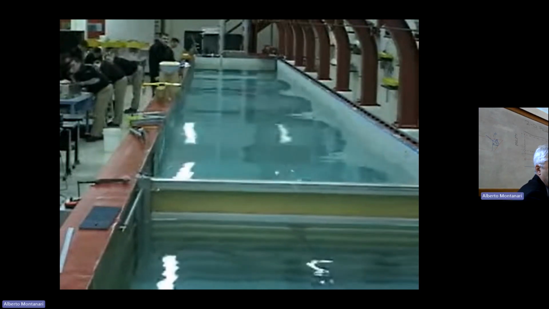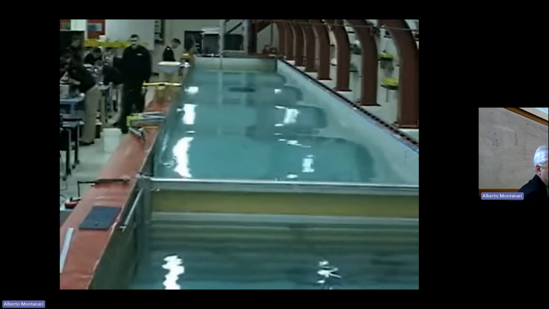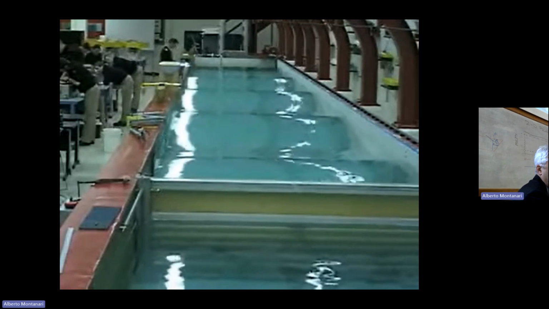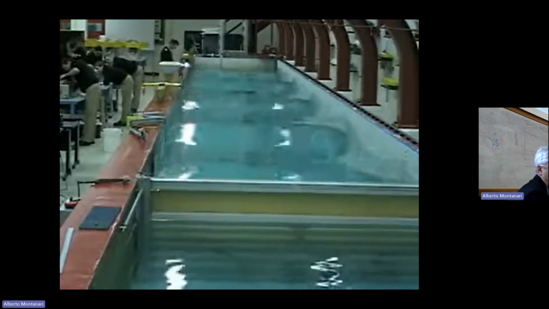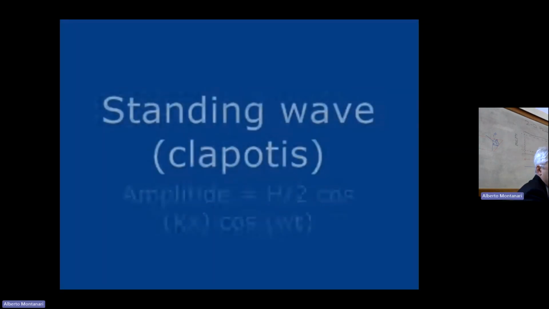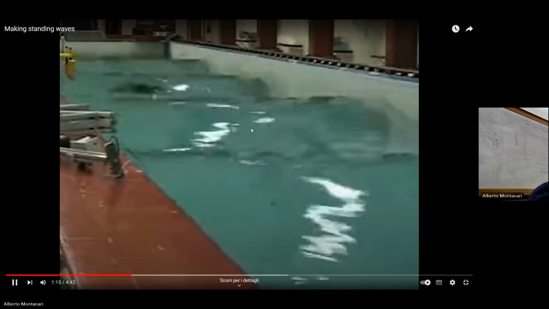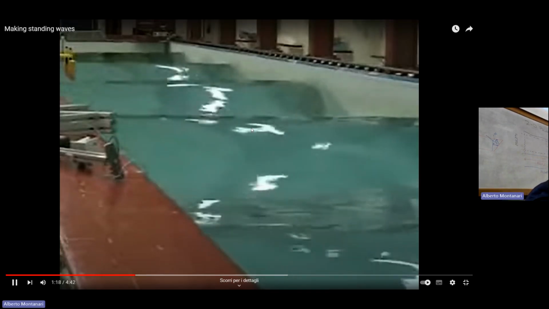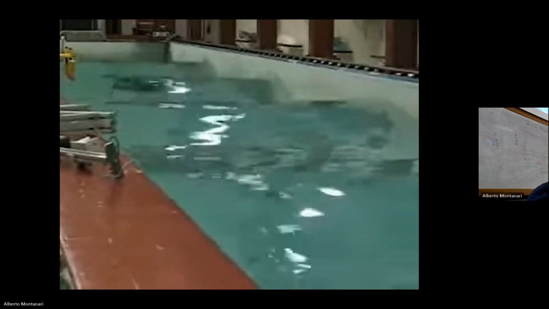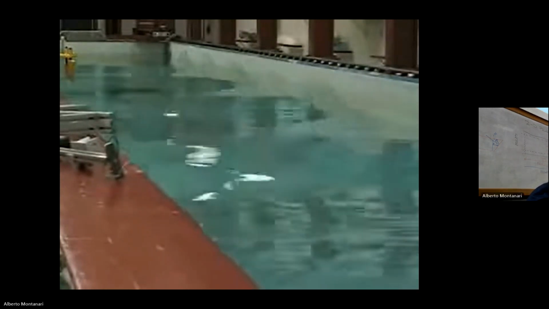And this is just because the characteristic periodicity of the tank is the same as the periodicity of the wave generator. The wave generator generates waves with the same energy, with the same pace. So you see here, there is no increase of energy by the wave generator, but the amplitude of the wave keeps increasing.